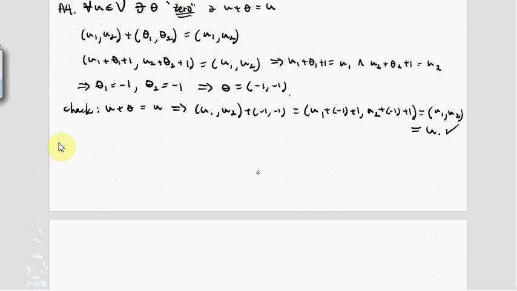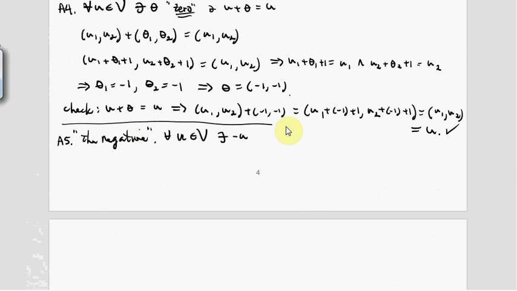Now here, we look for the negative. The negative, right? So here, for every vector u within this so-called set of vectors, there has to exist a negative u such that u plus negative u has to equal the 0.